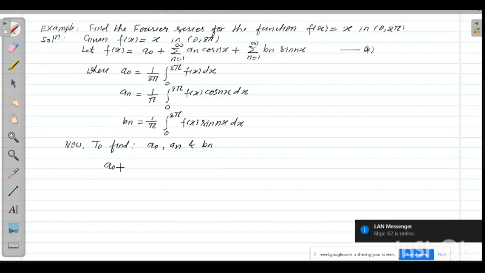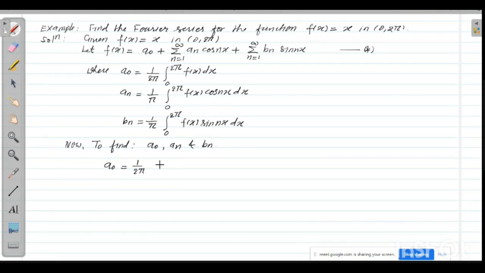A naught is equal to 1 upon 2 pi integration of limit 0 to 2 pi f of x dx, and your f of x is given to you, that is x. Just integrate this. So 1 upon 2 pi, integration of x is x square by 2, providing limit 0 to 2 pi.